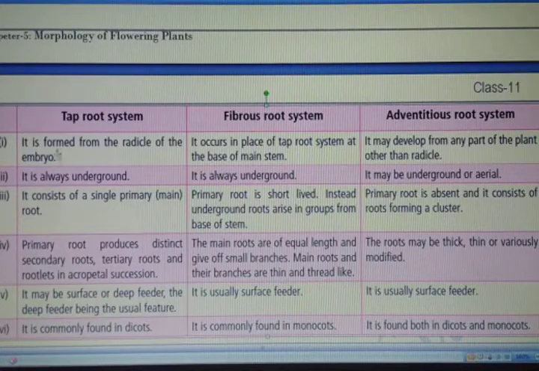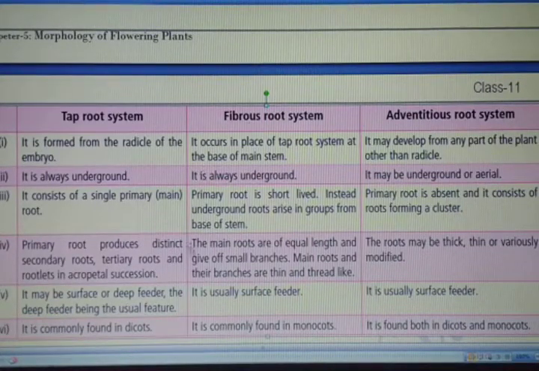The fourth point, in case of the taproot system over here, the primary root produces branches later on which develop into secondary, tertiary, and later on quaternary roots, and then finally terminate into root hairs.